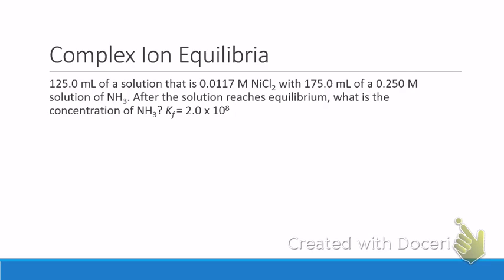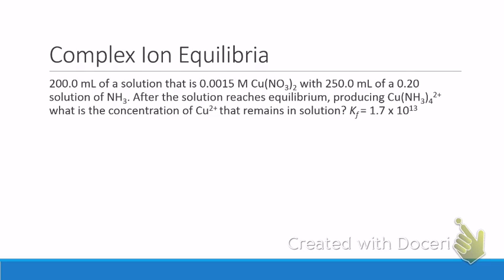So what if we wanted to find out the concentration of the remaining single ion after a complex ion has formed? So let's try another problem like that. Here we have a solution of copper nitrate being mixed with ammonia to form a complex ion of copper and ammonia.